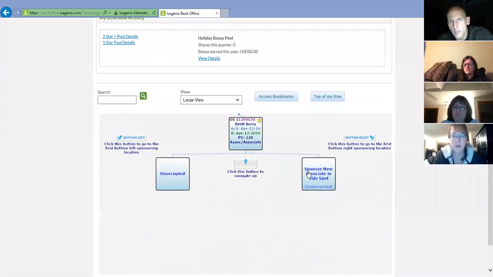Then he's going to click this person here, and this person was enrolled by somebody else. I don't know who enrolled them, actually, I do know that person, but anyway, they're on my tree. I better know them, right? So this is where this enrollment takes place. His position says bottom right, and his left side would have had the exact same thing, just obviously on the left side. Okay? Makes sense? Yep. Cool.